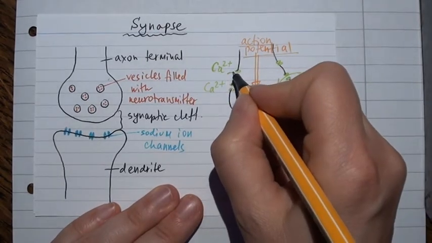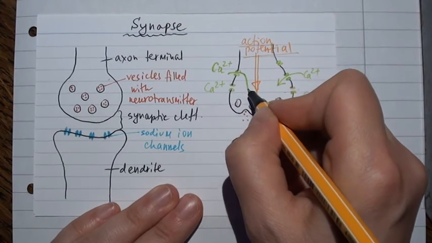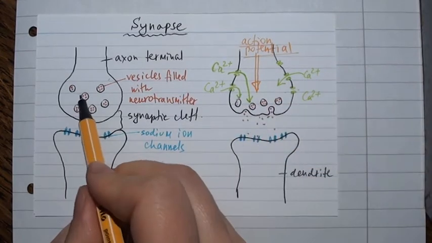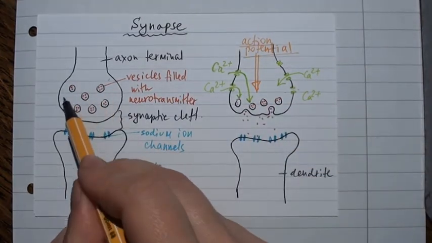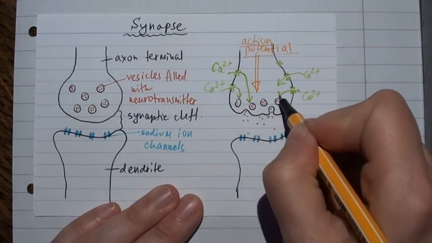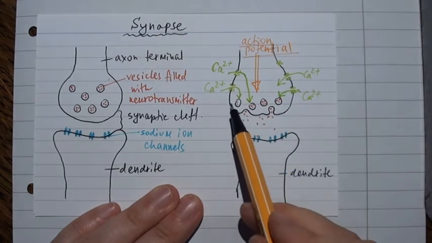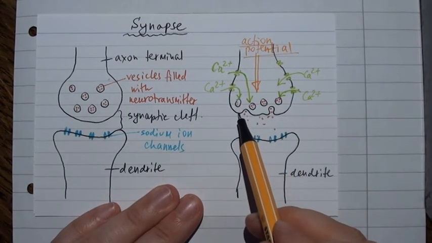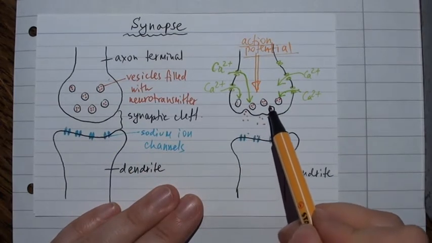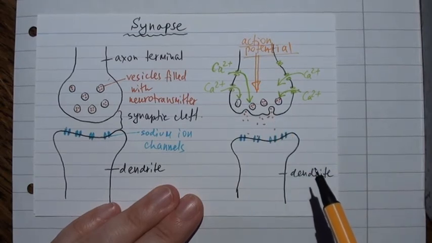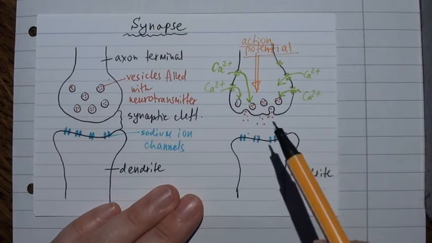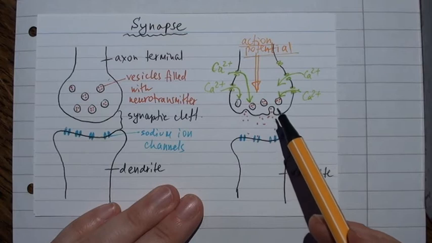Those calcium ions then enter and they start pushing on the vesicles. You see that they were sort of suspended all over the axon terminal. But when calcium ions get in, they start to push on these vesicles, and the vesicles get closer and closer to the membrane, to the point where some of them just burst through, a bit like bubbles rising to the top of a champagne glass and bursting through, and whatever the content of those bubbles is just going to come out.